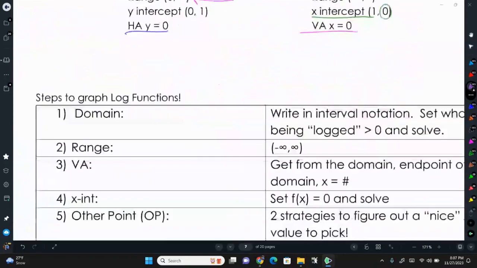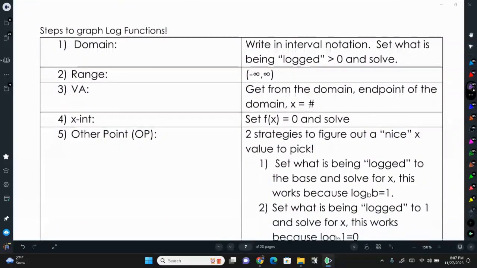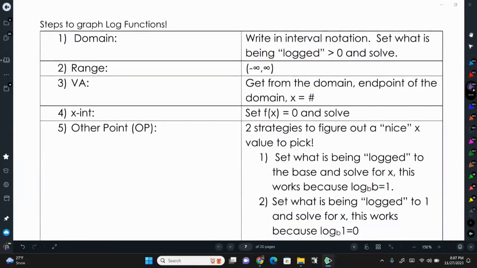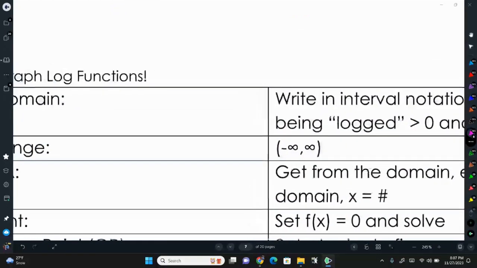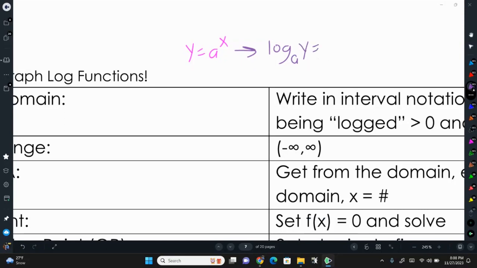So to graph logarithmic functions, to calculate the domain we want x to be greater than 0, because we can't take the log of a negative number. If we go back and look at our exponential function and the corresponding logarithmic one, you'll see why we can't take the log of a negative number.